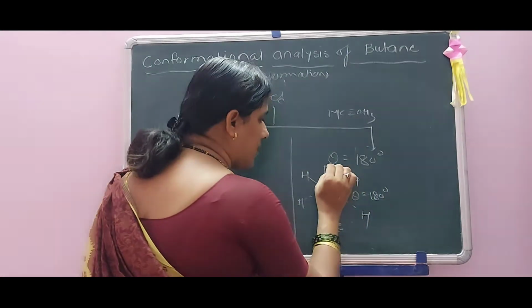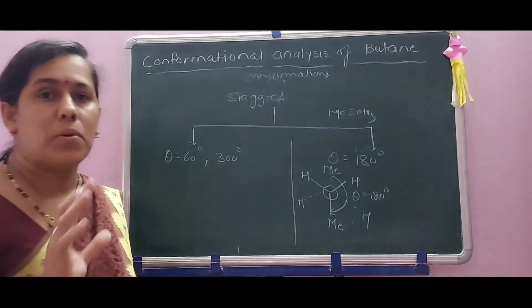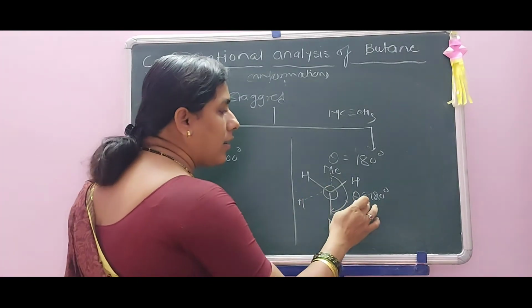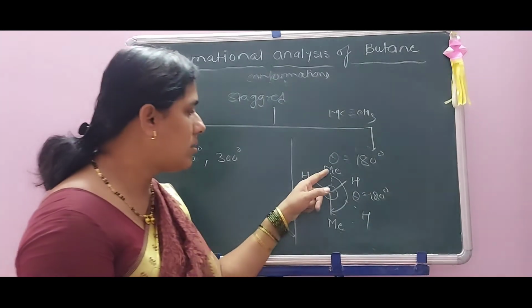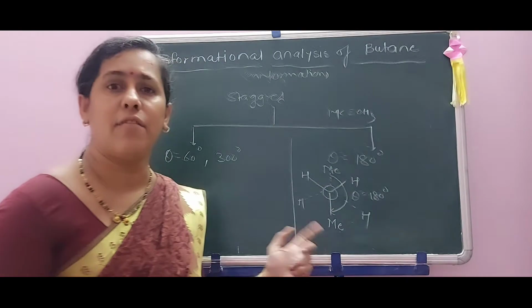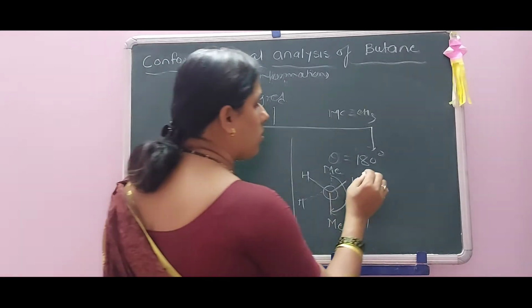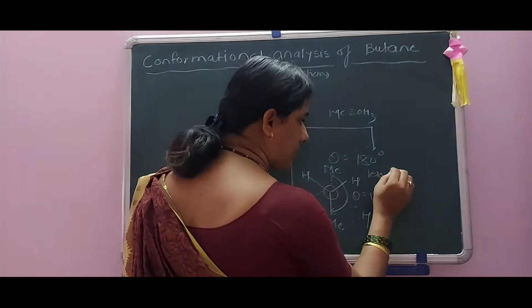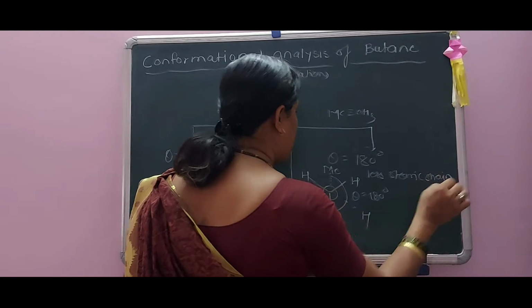Therefore the two methyl groups are totally opposite, taking the angle theta equal to 180 degrees. Therefore the CH3 groups of the rear and front carbon atoms lie at the longest distance from each other. Therefore they cause less steric strain.